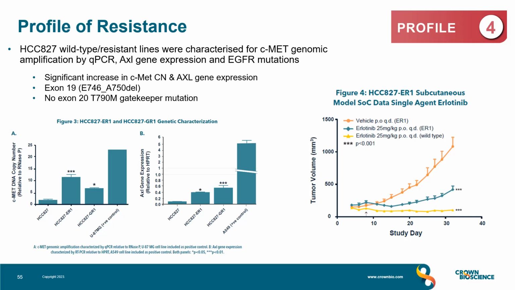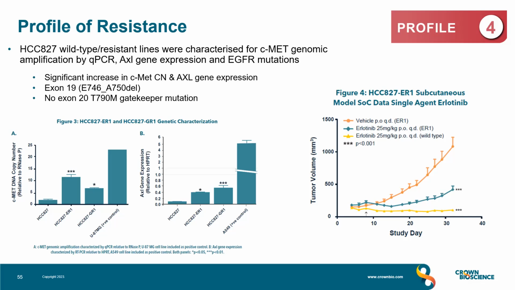We also looked at AXL gene expression and saw a significant increase in c-Met copy number and also AXL gene expression. We did also check the EGFR mutations. So we confirmed that there was still the exon 19 deletion in all the samples, but we didn't detect any further mutations in any of the exons, such as the exon 20 T790M mutation.